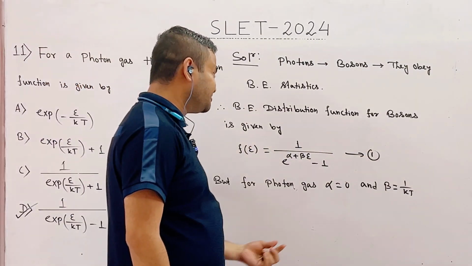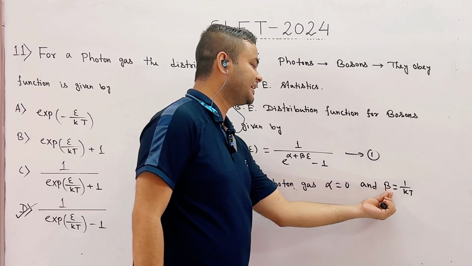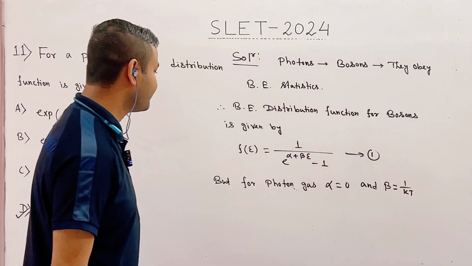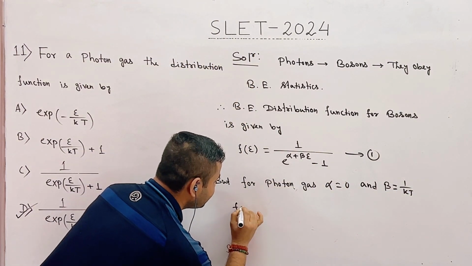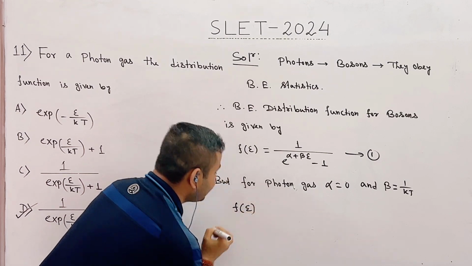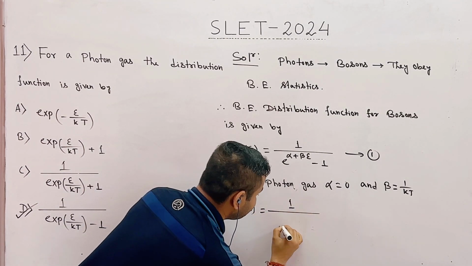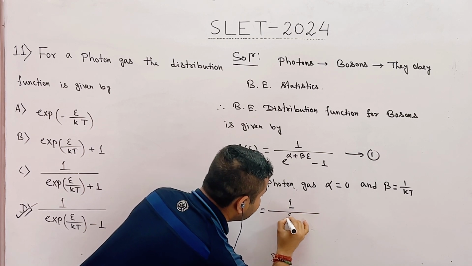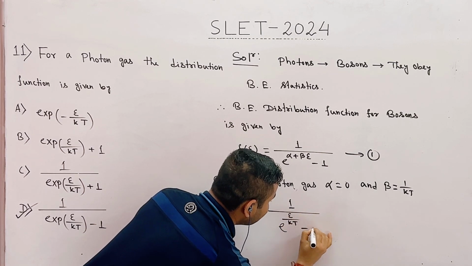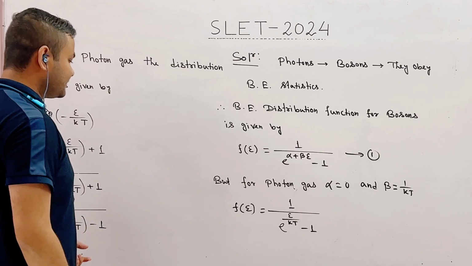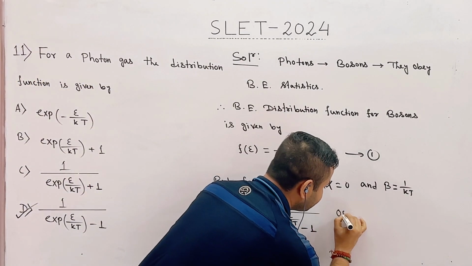So after substituting, we will get the distribution function as f of epsilon is equal to 1 by e to the power epsilon by kT minus 1. So therefore, the correct answer is option D.